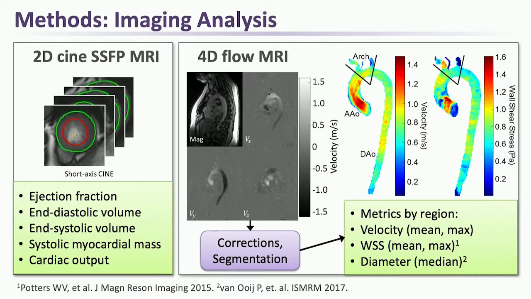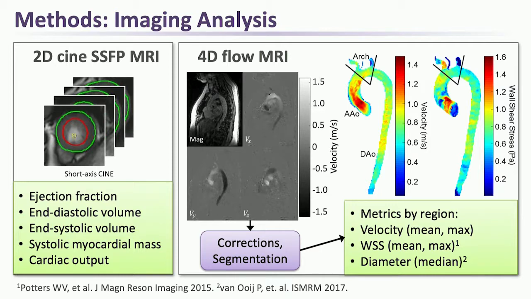From the 2D Cine SSFP MRI, parameters of left ventricular function were acquired, such as ejection fraction, end-diastolic volume, systolic myocardial mass, and cardiac output.